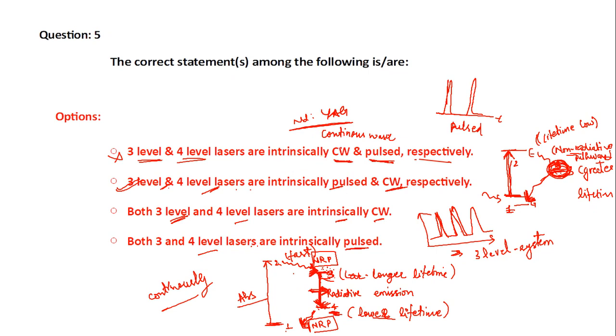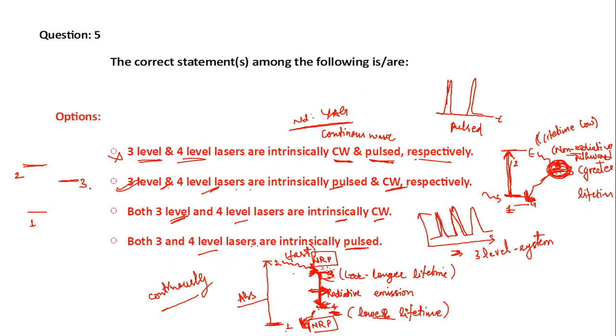Now, one more thing which I want to discuss here, that is an extra fact about the three level system. How can these three level be a continuous wave system? Okay. So for this, how can the three level be continuous wave? Earlier we were considering 1 and 2, okay, and this is the 3.